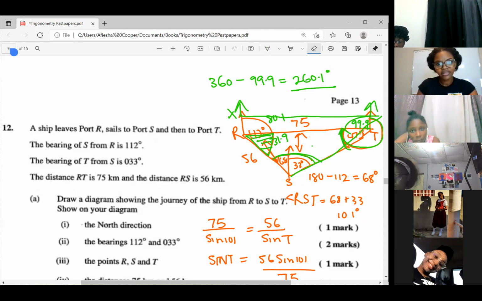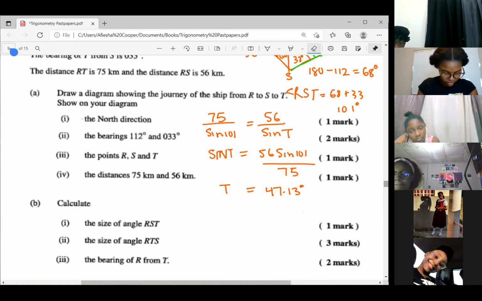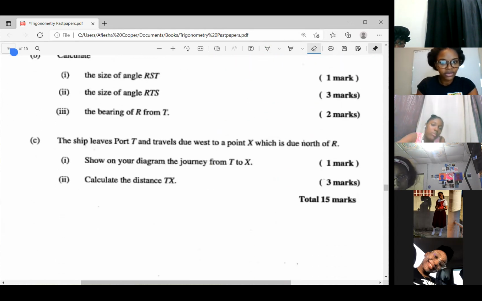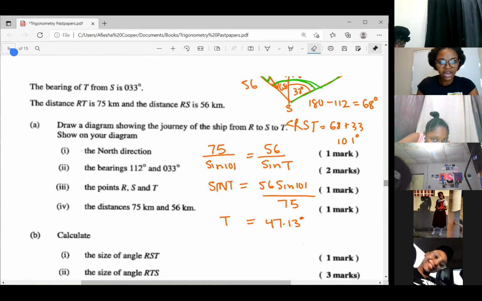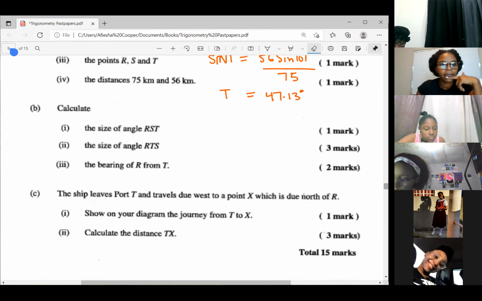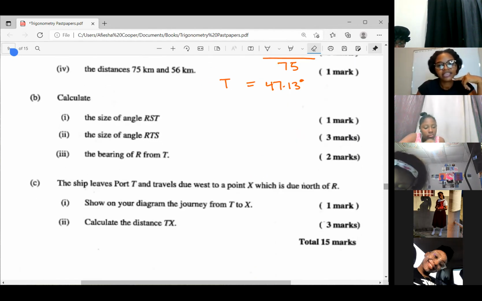So it goes west and it is north of R, so it's going to be above R. North of S, why did I put north of R? Which one is it, north of S or north of R? North of R, right. So yeah, this is good. Go west, north of R, above R. Okay. Calculate the distance TX.